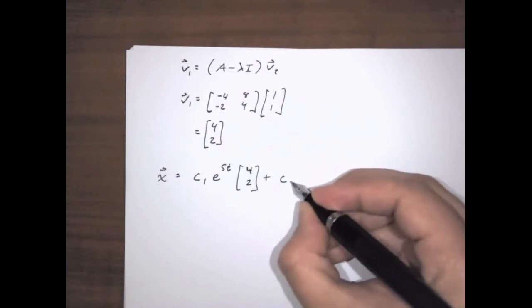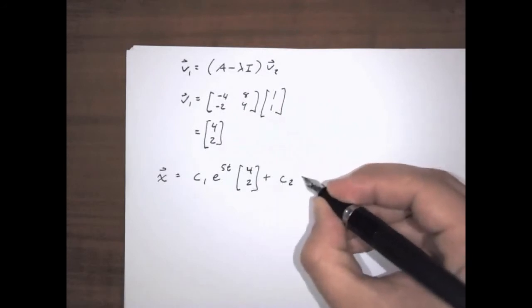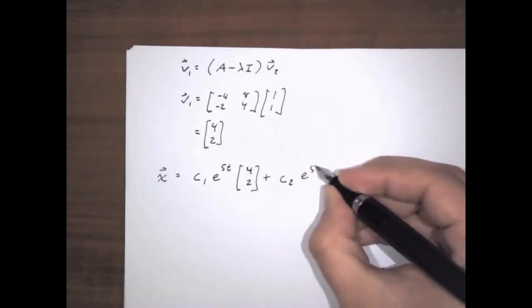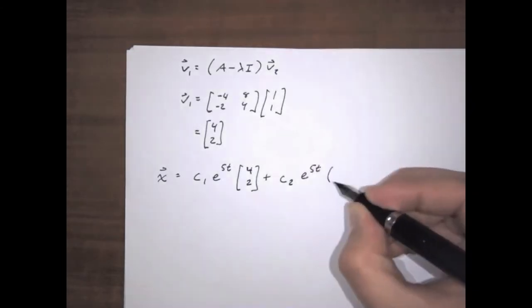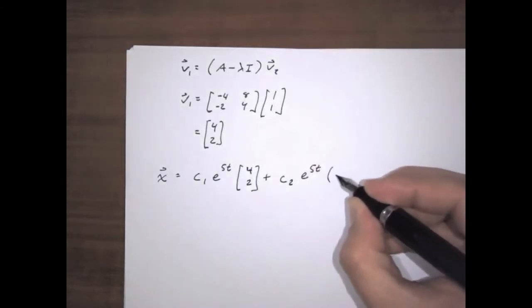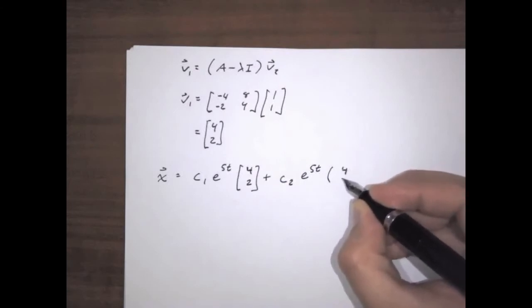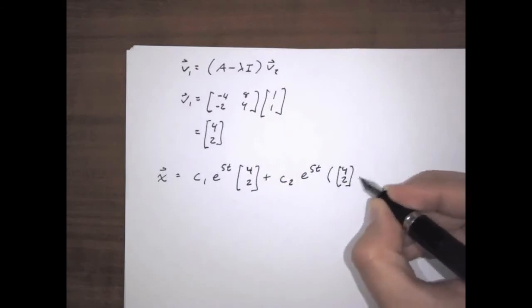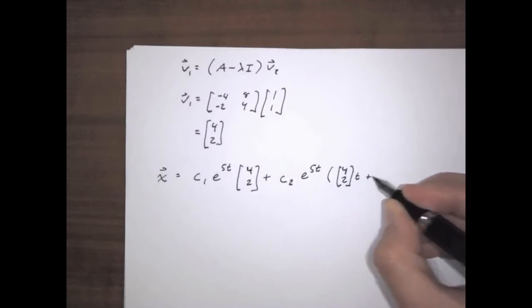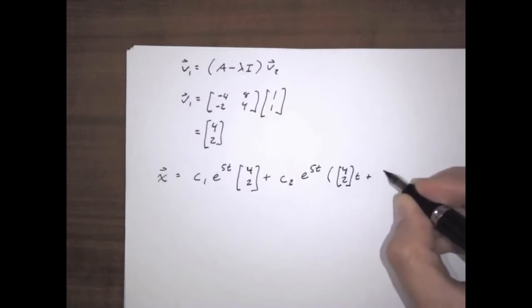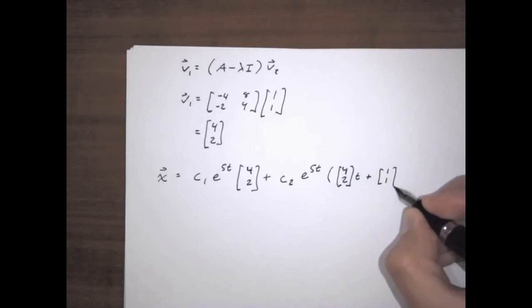And then plus c2 times e to the 5t. And now here is where the weird stuff happens. So we've got 4, 2 times t plus the v2, which was just 1, 1.